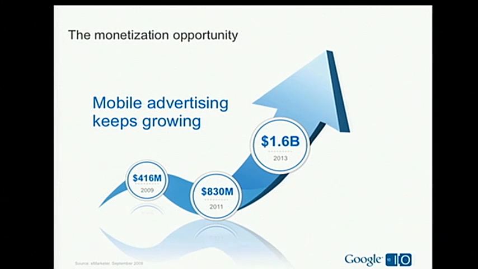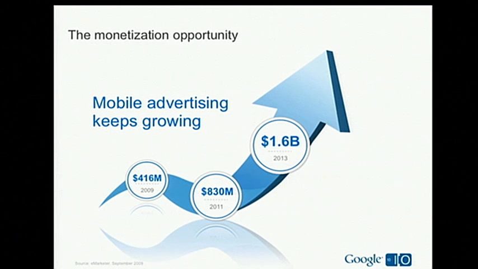What we're seeing is large traditional advertisers are only starting to experiment in mobile. And largely, they're finding what all of you already know, which is that the users are there and that they're engaged. So we expect more and more advertising budget to go into mobile advertising.